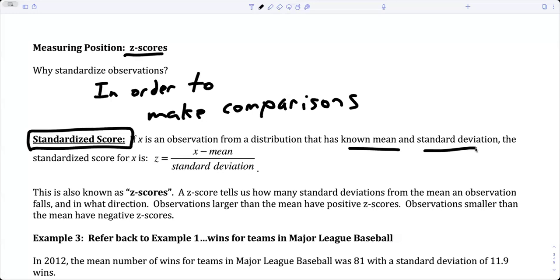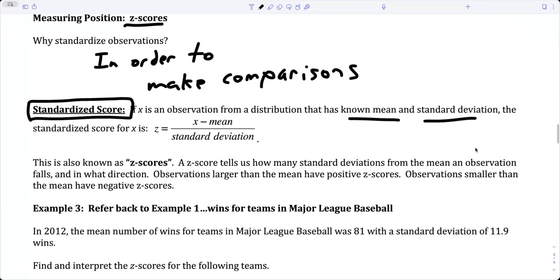This is also known as a z-score, and a z-score tells us how many standard deviations from the mean an observation falls, and also in what direction. Either above the mean, positive, or below the mean, negative. Observations larger than the mean have positive z-scores. Observations smaller than the mean have negative z-scores.